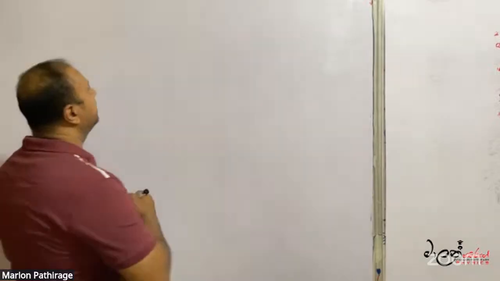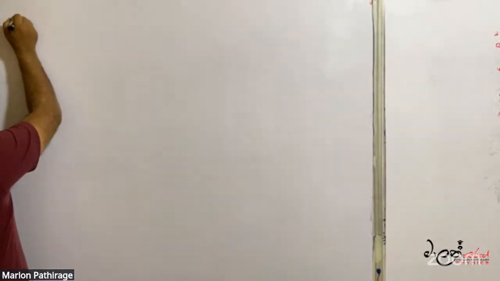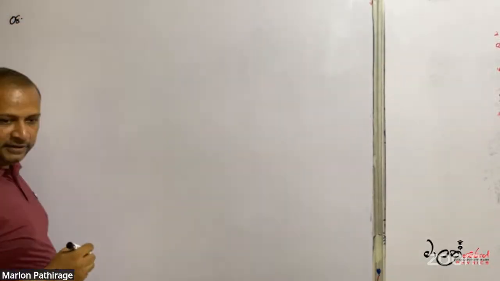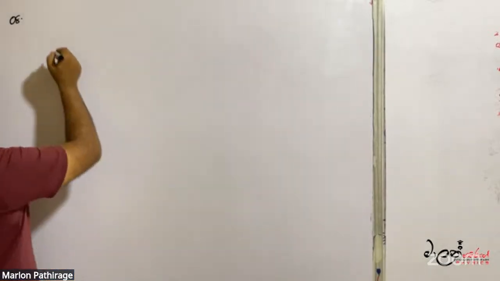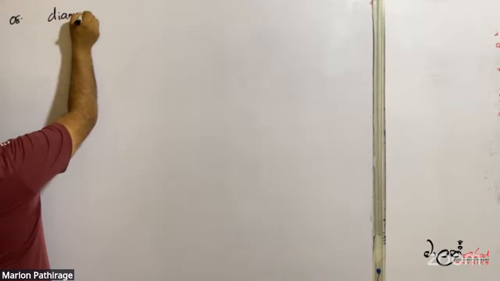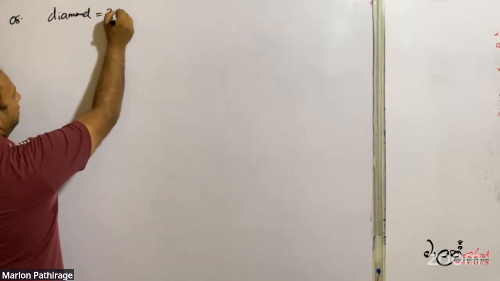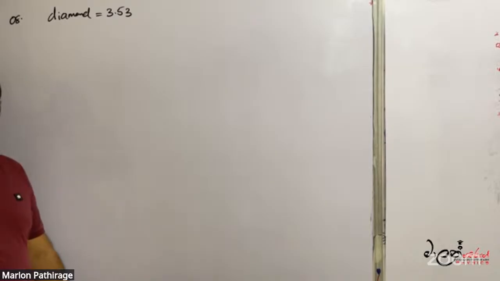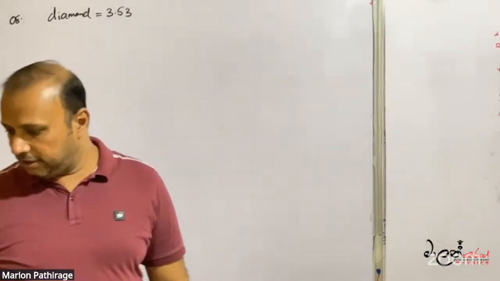Question number 8. The specific gravity of diamond is 3.53. The specific gravity of gold is 19.25.